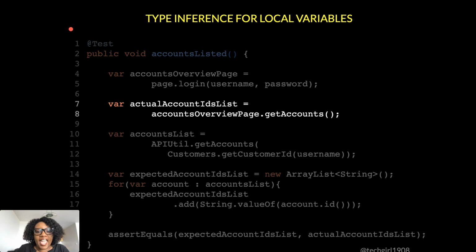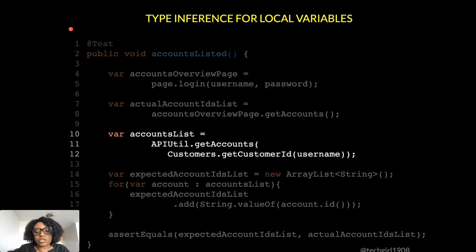And I say had to, but really I changed it so that it's clear to me that this is a list and it's holding the account IDs. So you see how even with a good variable name, when you use var, there could be a little bit of ambiguity. So it's best to make sure that the variable names are crystal clear.